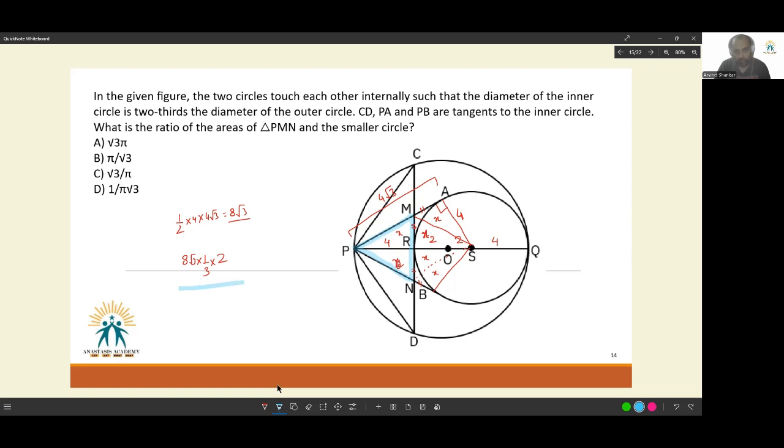And I need the ratio of this triangle's area with area of the circle, which is 16 pi. So now 16, 8 and 2 cancelled. Root 3 will come down. I'll have 1 by pi root 3 is the final ratio. Option D will be the answer.